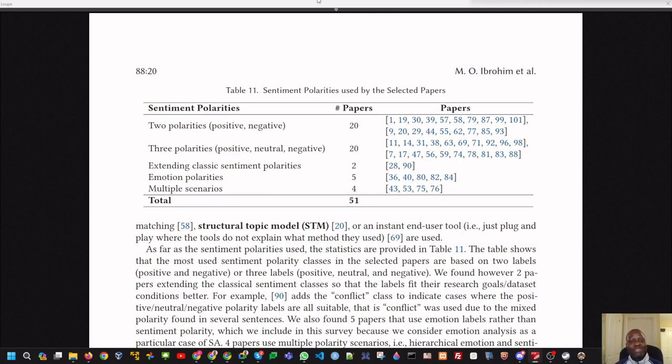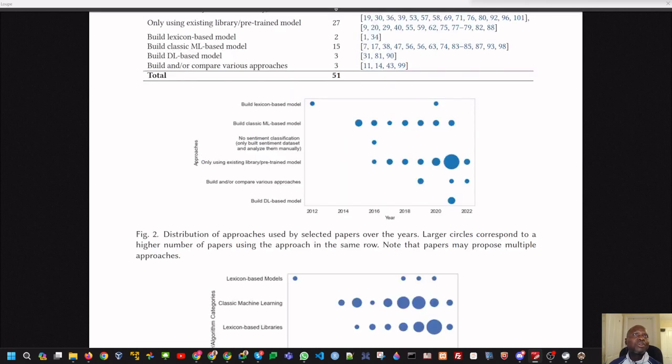Otherwise, the majority of papers just do that, which is something that is quite useful as well. And of course, it is possible to plot this information on a graph. In this case, you can see approaches versus the number of years, right?